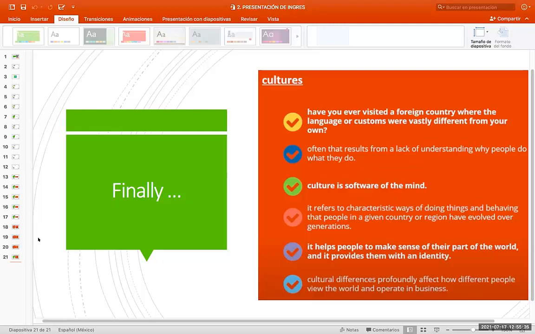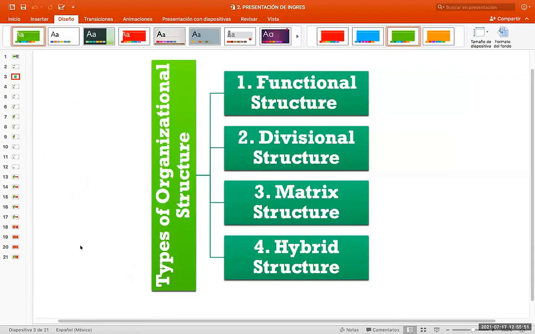Some corporative structure that I expose in this topic. I was correct. I was thinking about the hybrid structure. My point, teacher Rosie.